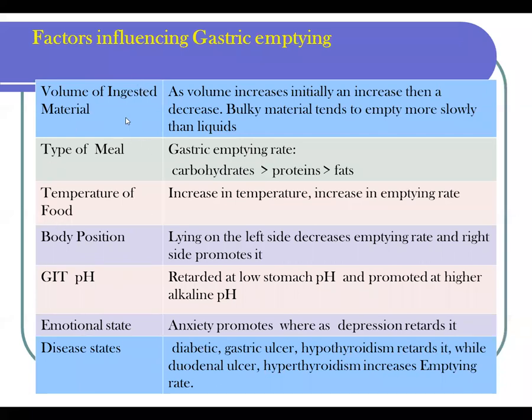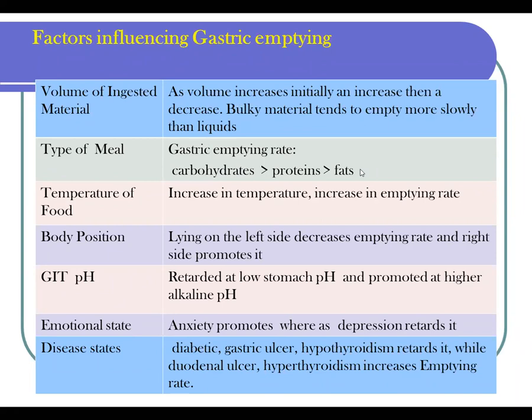First, volume of ingested material. What is ingestion? Nothing but consuming orally. That's called ingestion. So as the volume increases initially and increases, then a decrease in emptying time takes place actually.